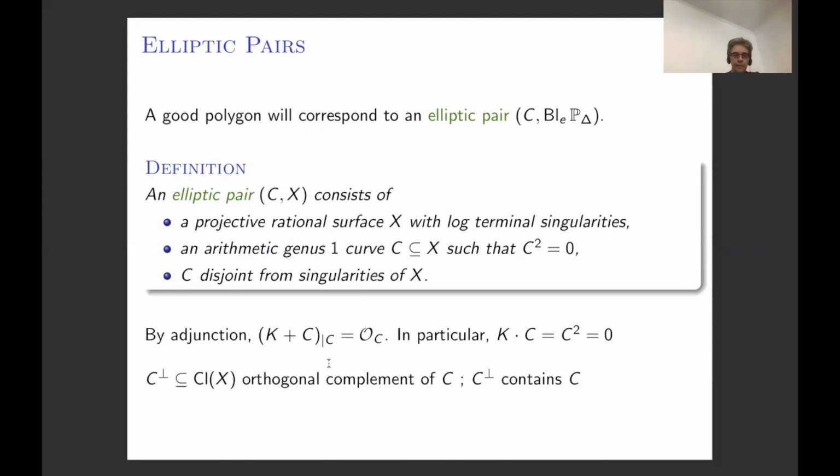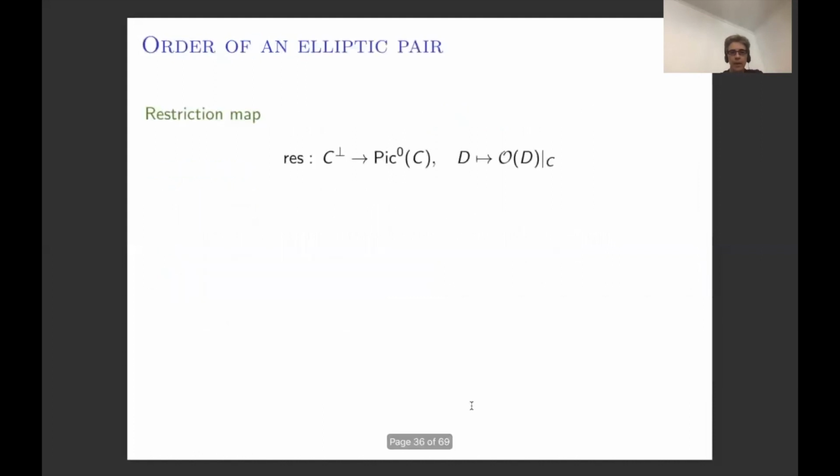And we're going to look at the orthogonal complement of the curve C in the divisor class group of X. This contains C because C squared is equal to 0. And we're going to consider the restriction map from C perp into the group of line bundles of degree 0 on C. So we take a divisor that intersects C in 0, and we take its restriction to C. This is then a line bundle, since C is contained in the smooth locus.